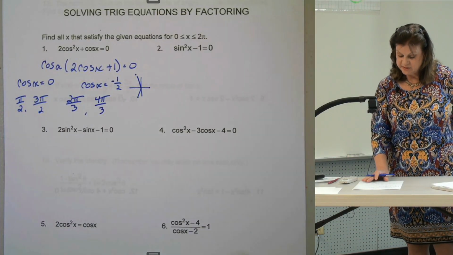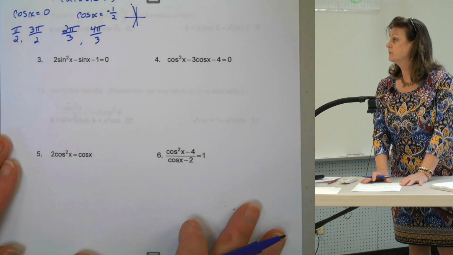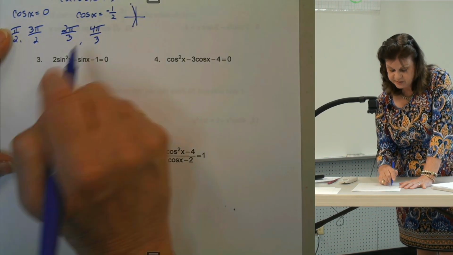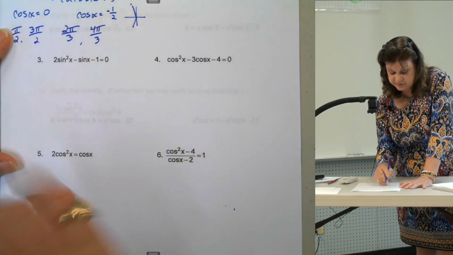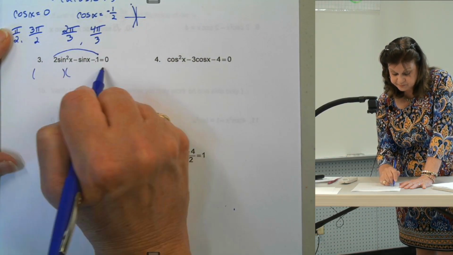All right, let's look at problem 3. 2 sine squared minus sine minus 1. So now 2x squared minus x minus 1. You would do that by factoring. Factors of 2 that subtract to give me 1.